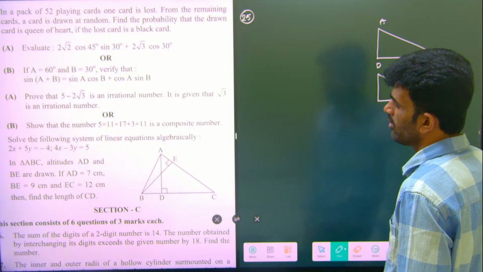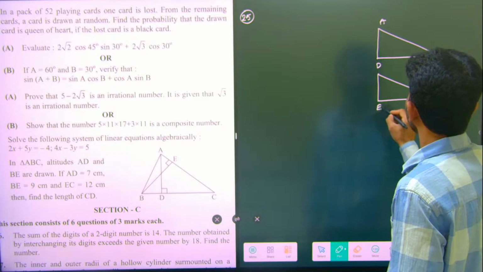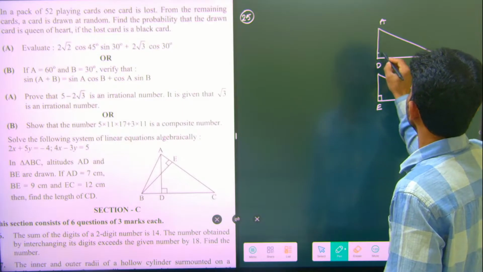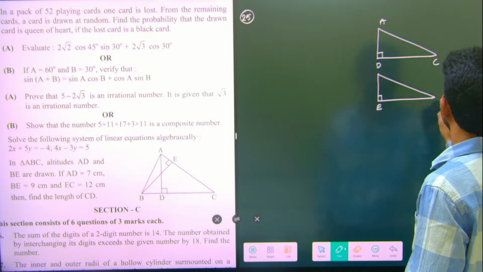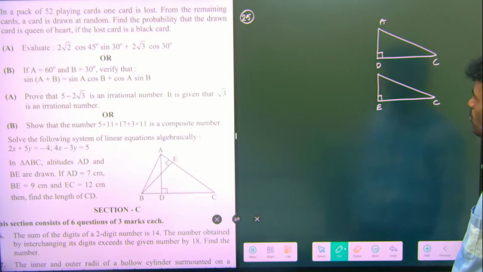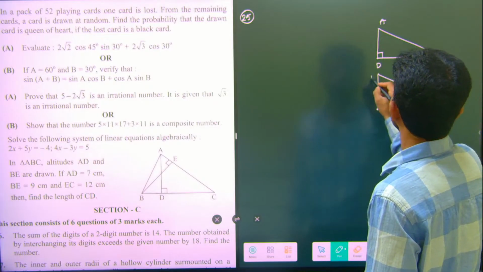And in EBC, observe where the angle 90 degrees is present. Angle 90 degrees is at E in EBC. And which angle is common in ADC and EBC? Angle C is common in both. So here C should be there, and another vertex is B, that B you take here.